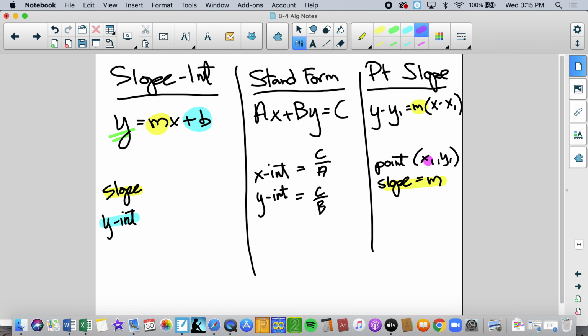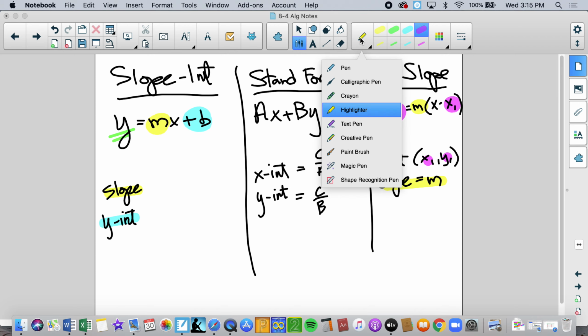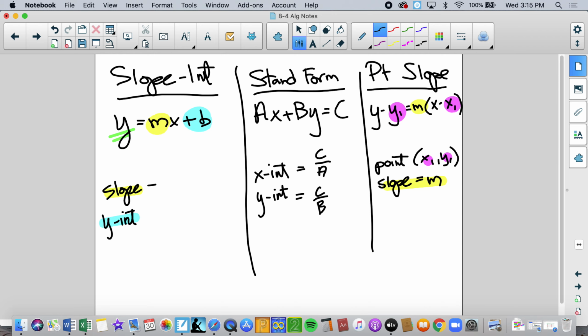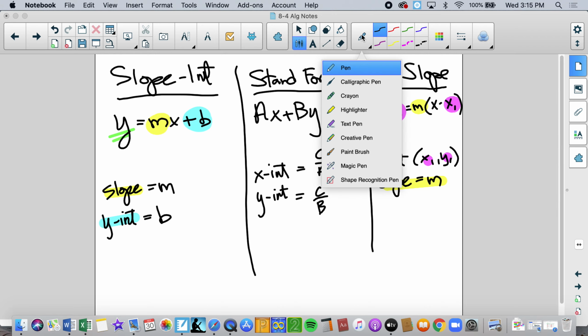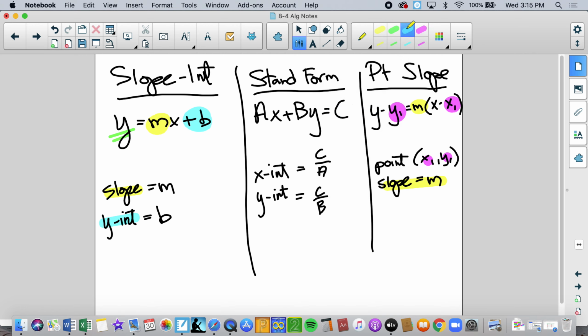It's going to be x sub 1, y sub 1. So be careful of that because there's a negative in front of it typically, so we need the opposite of what you see. That's very technical right there, but we'll go into it a little bit later in the school year.